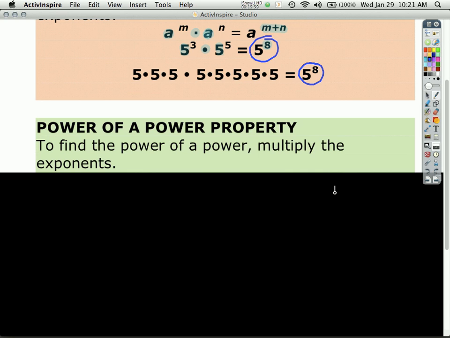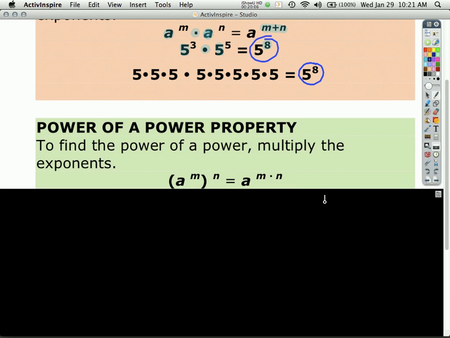You can multiply the exponents as a shortcut. Here is what it looks like. A to the m power, that's the first power, is being brought to yet another power, the n power. A shortcut is a to the m times n.